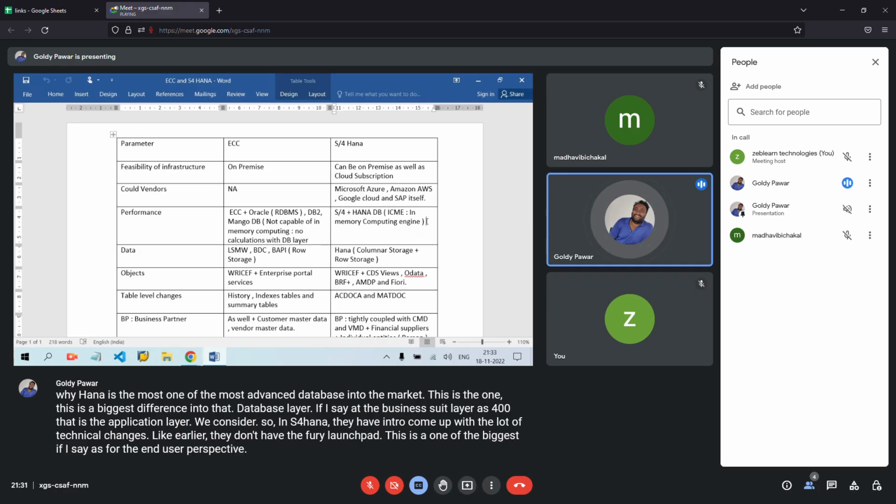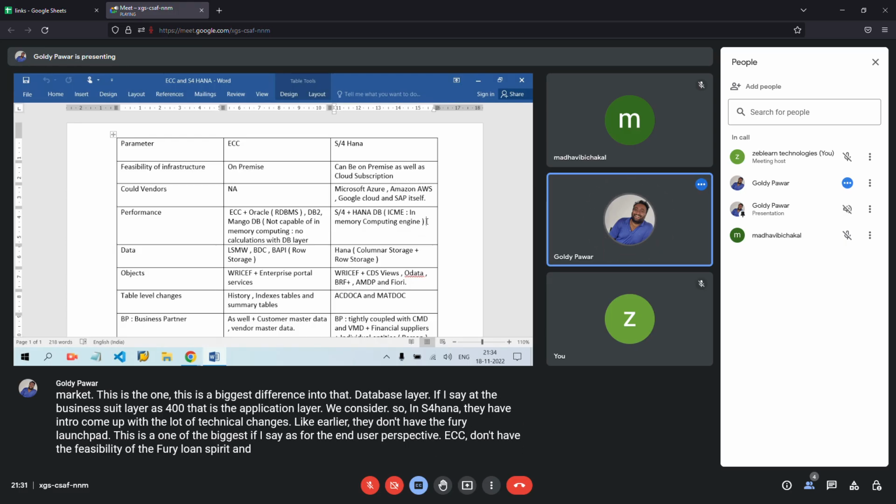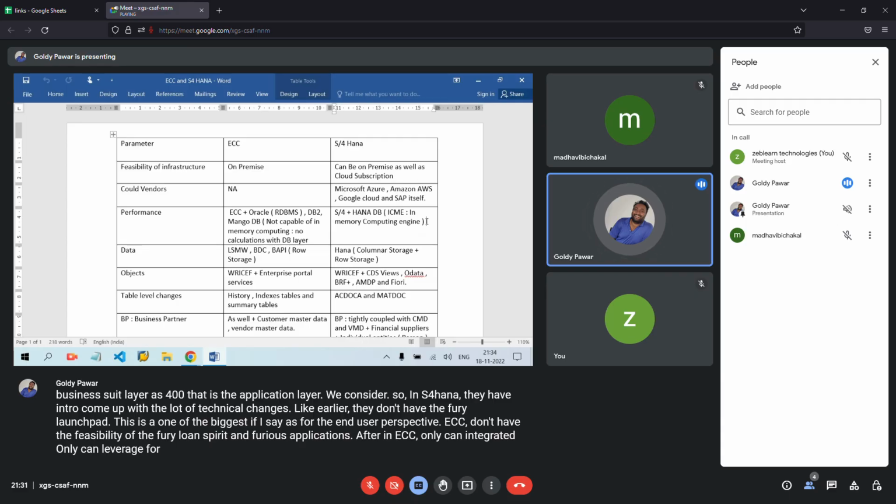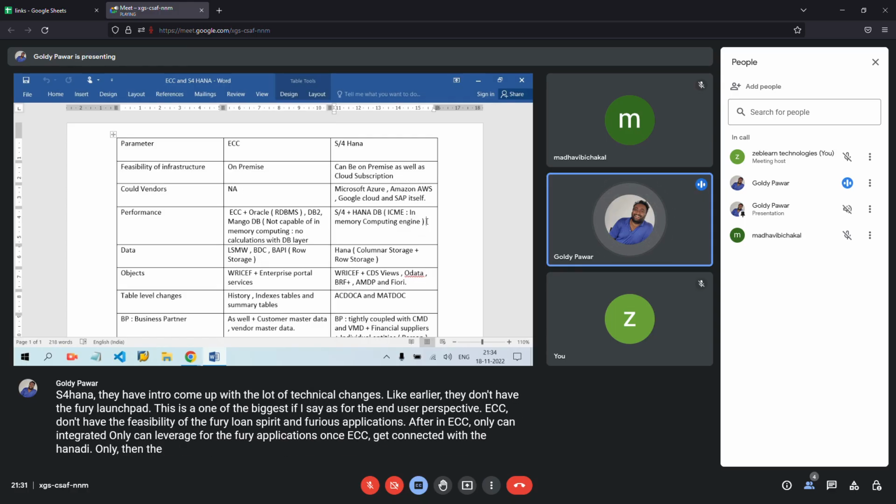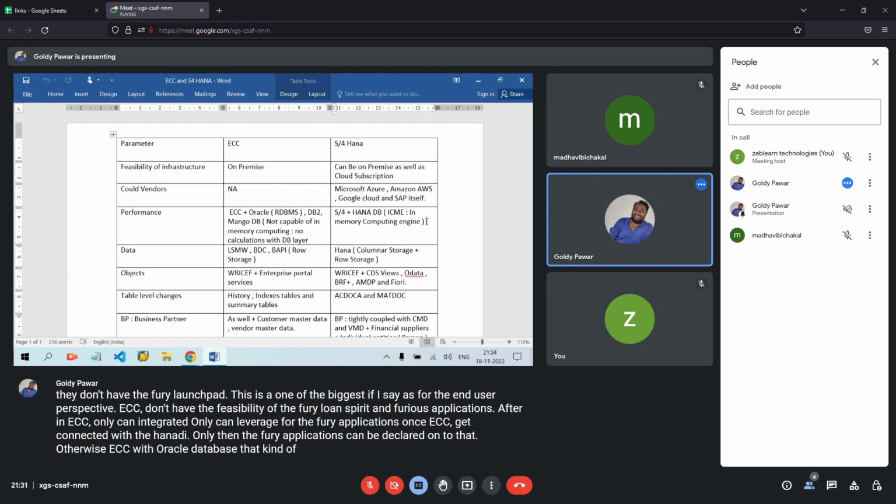ECC doesn't have the feasibility of the Fiori launchpad and Fiori applications. ECC can only leverage Fiori applications once it gets connected with the HANA DB. Otherwise, with ECC on an Oracle database, we don't have that feasibility.